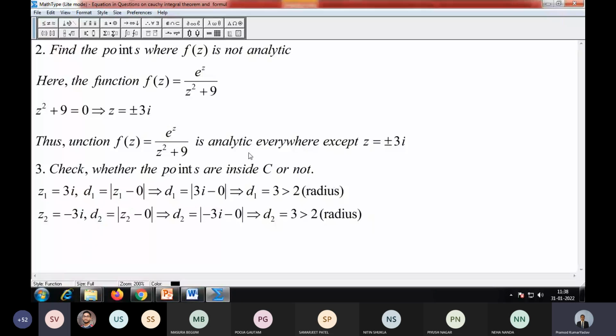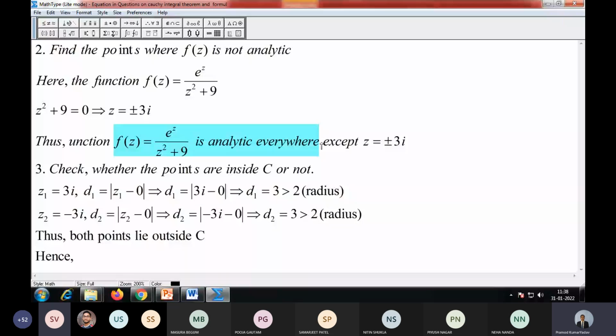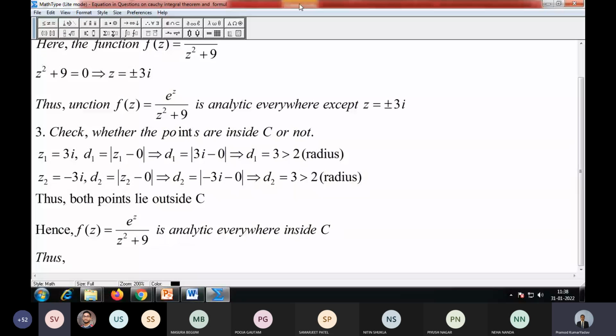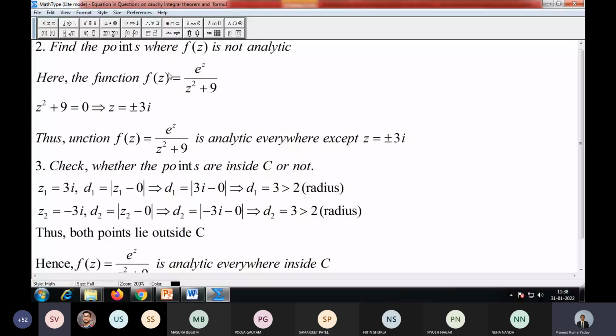Thus both points lie outside C. Hence f(z) is analytic everywhere inside C. Thus the integration of f(z) dz over C is 0.